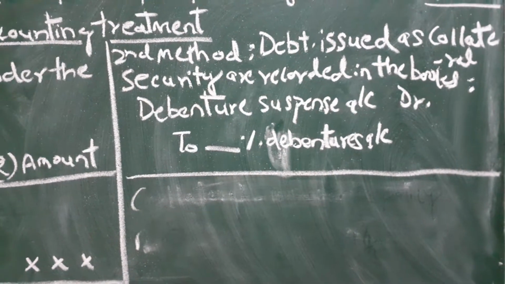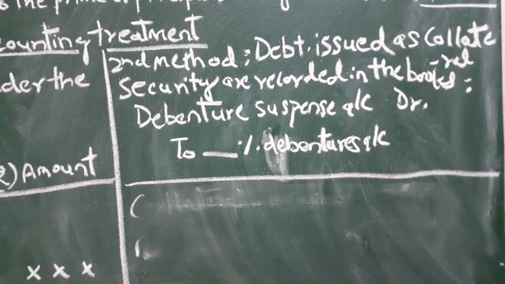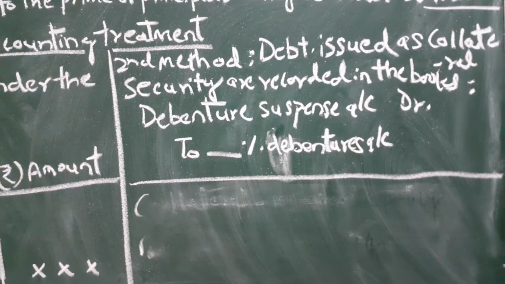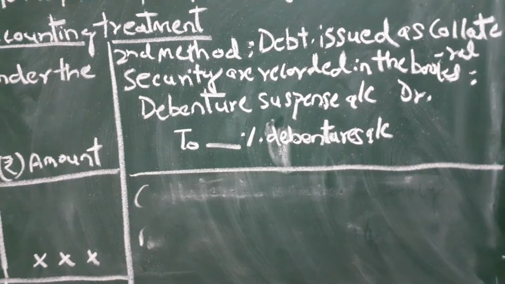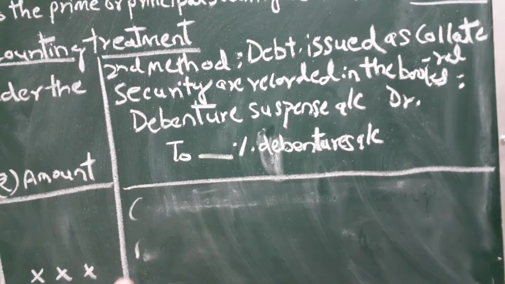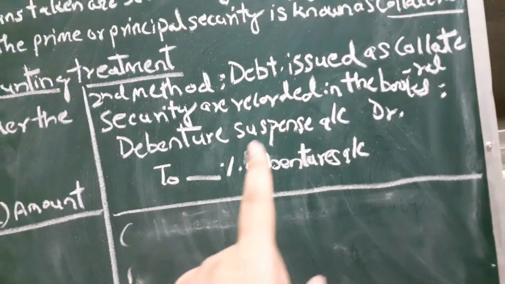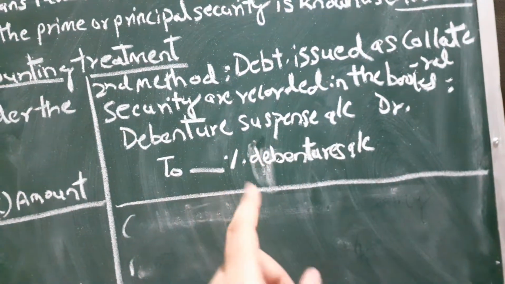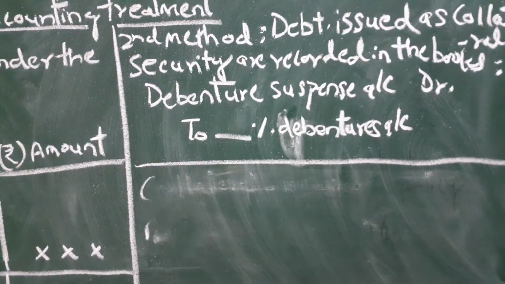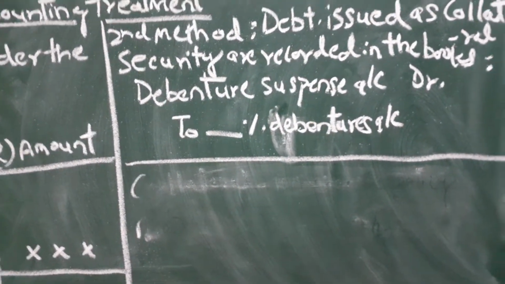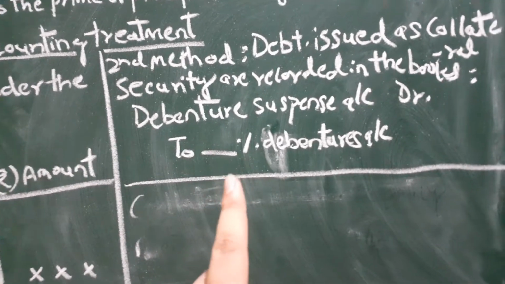In the balance sheet, the debentures issued as collateral security are shown separately from other debentures. If the loan is paid to the lender, the above entry will be cancelled.